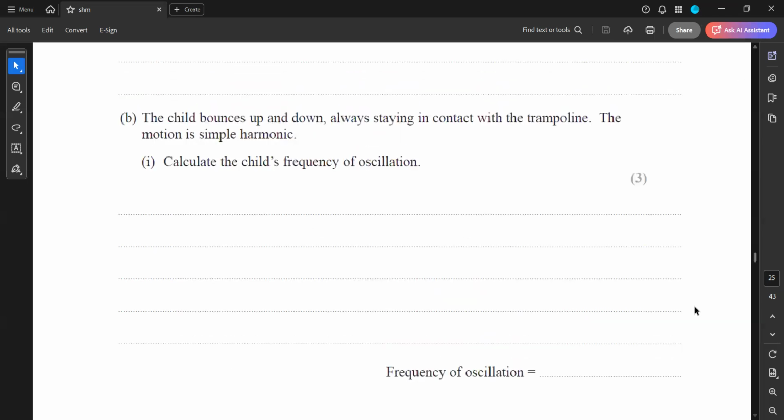The next part: the child bounces up and down, always staying in contact with the trampoline. Calculate the child's frequency. If we need the frequency, we have the formula omega equals 2 pi f.